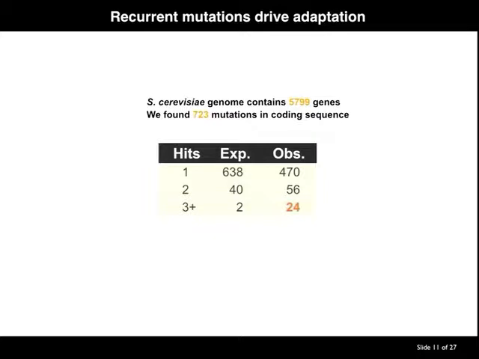What we see, however, in our observed data is a very skewed distribution where we have 24 genes that account for a disproportionately large number of the observed mutations. So these 24 genes are likely the candidate genes in which drivers of adaptation are occurring.